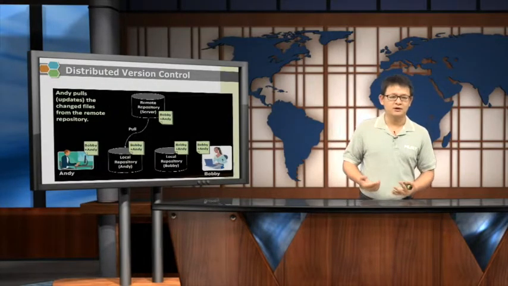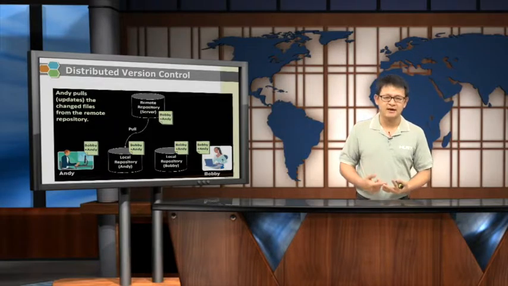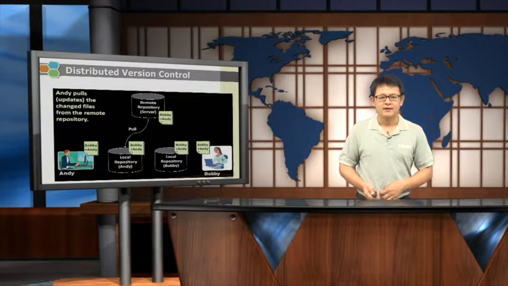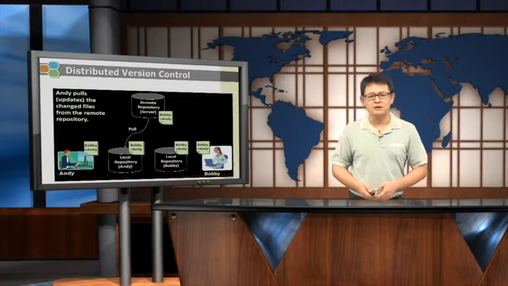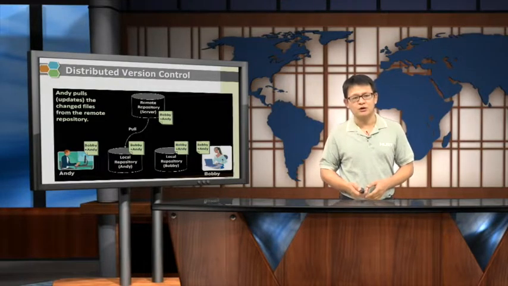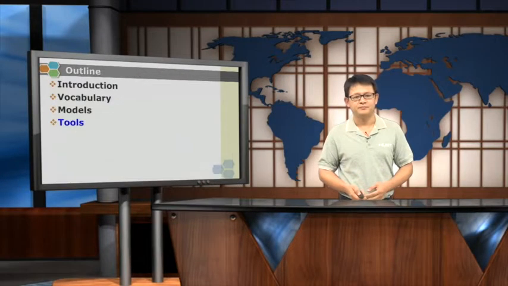You can see the advantages and disadvantages of each model. And most of the version control tools now use distributed version control. So okay, let's go to the tools to see what we have today.